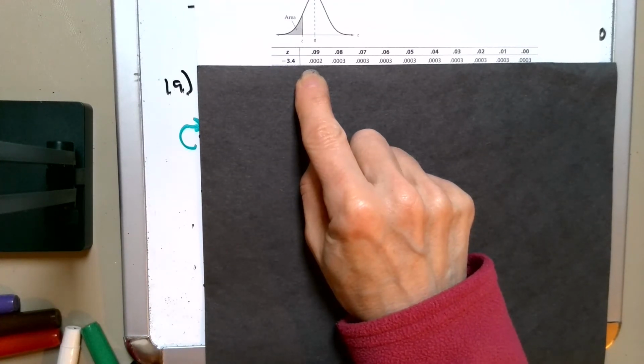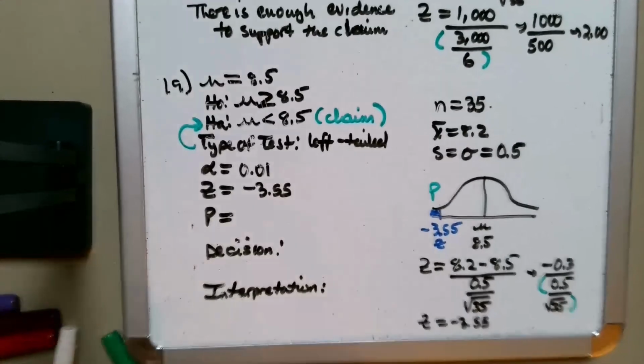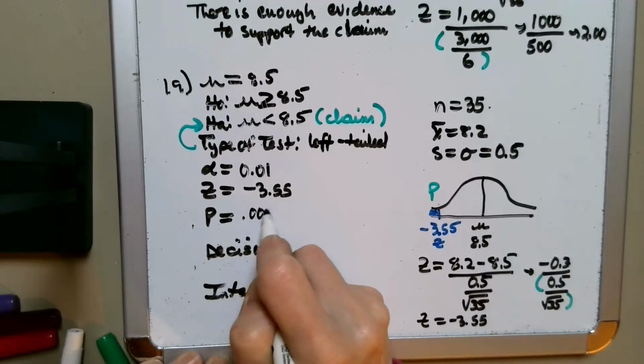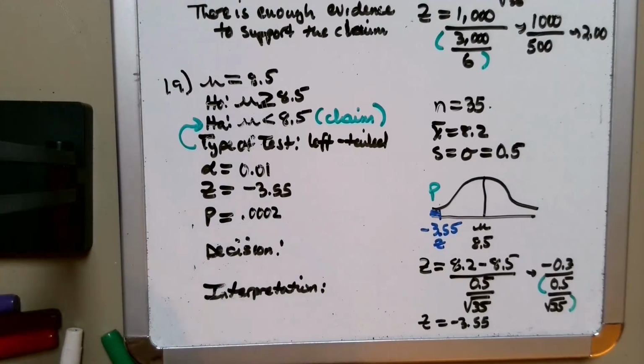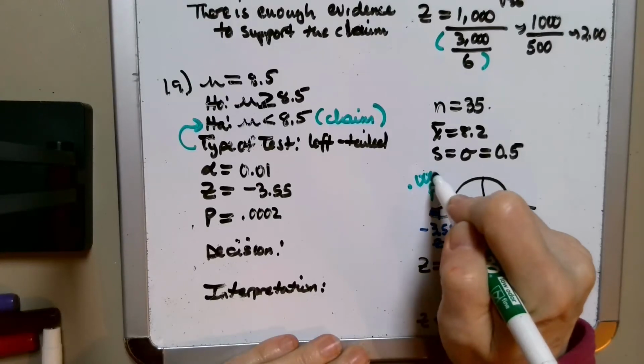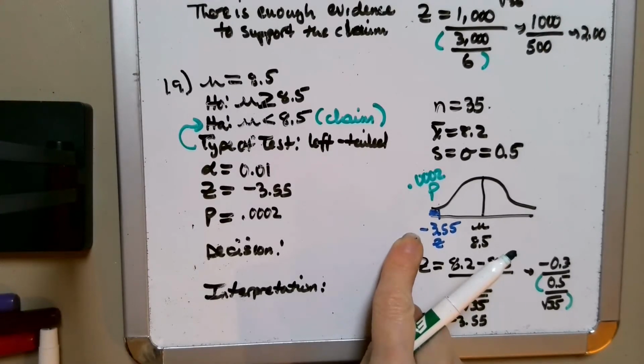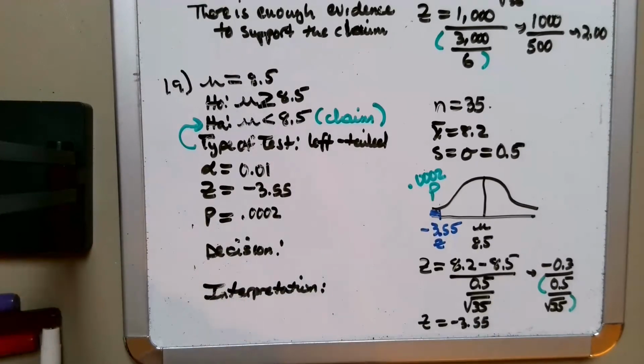Maybe it's 0.0001. So that's why I said in the answer that the p-value is 0.0002 or smaller, because I couldn't look up negative 3.55. Again, when I look up a negative z-score and I want a left-tail test, what I look up is my answer, or it'll be even smaller. But it'll be okay, because that'll work for the decision rule.